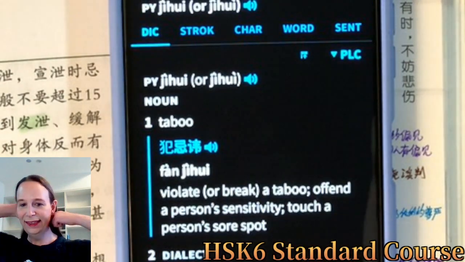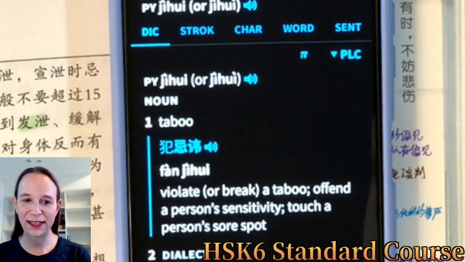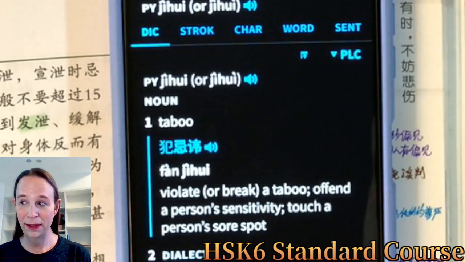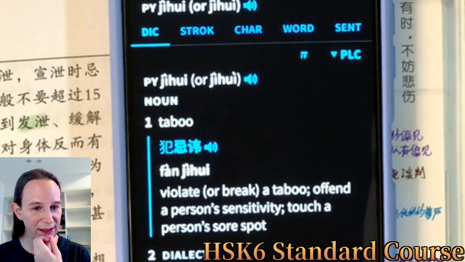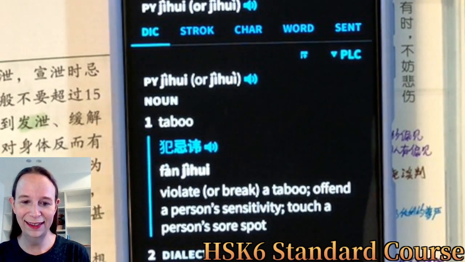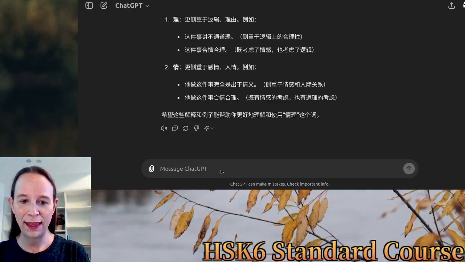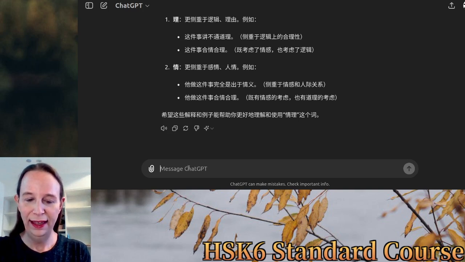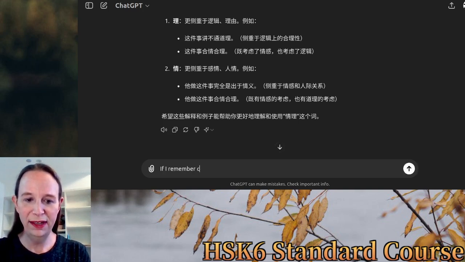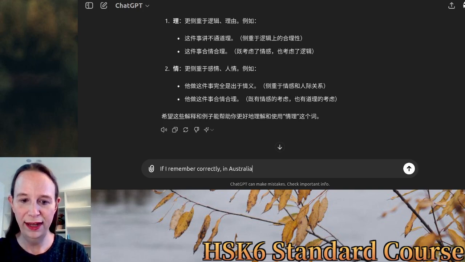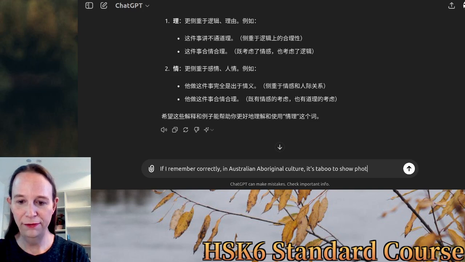So my understanding is Australian Aboriginal culture, you're not allowed to show pictures of the deceased. Is that correct? Let's ask ChatGPT. If I remember correctly, in Australian Aboriginal culture, it's taboo to show photos of deceased people.